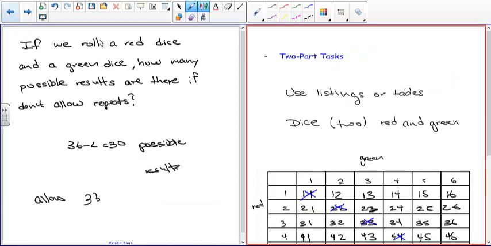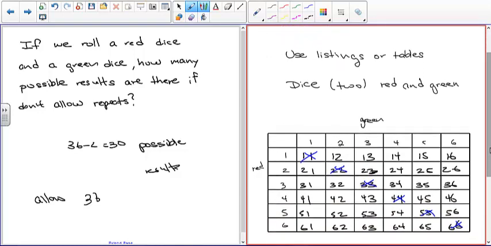So let's go back, because I was wondering about this when I was doing it. The question is allowing repeats, and it depends on how you define repeats in this case. If you say repeat numbers, then those I'd eliminate.